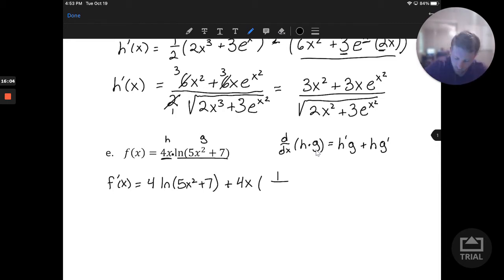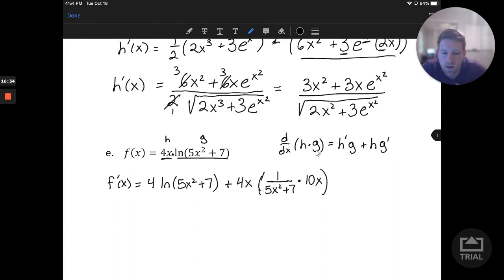So that's the inner function, 5x squared plus 7. That would be the outer derivative, multiplied by the derivative of the inner function, which is kind of the chain piece. So the derivative of 5x squared plus 7 would just give us 10x. And that would be the complete derivative of the g function prime.